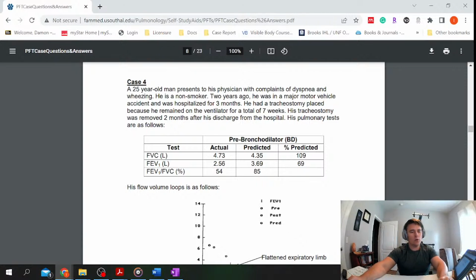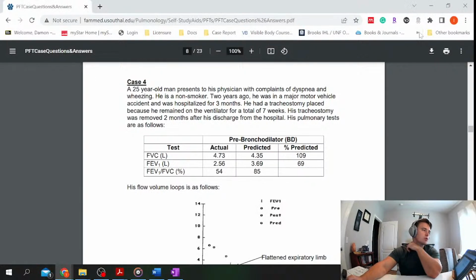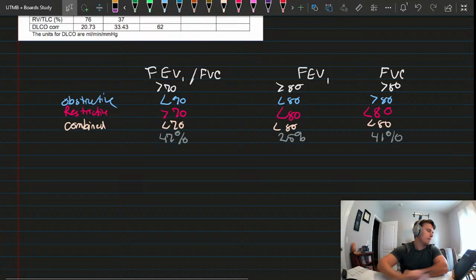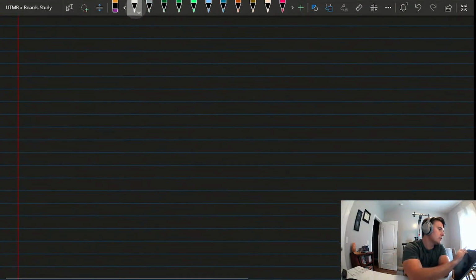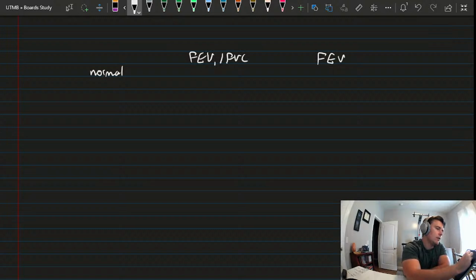So this is case 4. This will be our last case on the pulmonary function test. I'm pretty sure you got it by now. Okay, so we just write it again. So normal FEV1 over FVC, FEV1, FVC, greater than 70, 80, 80.